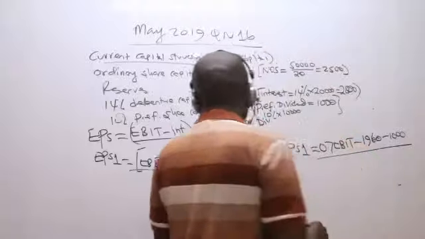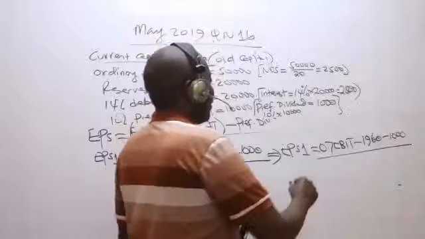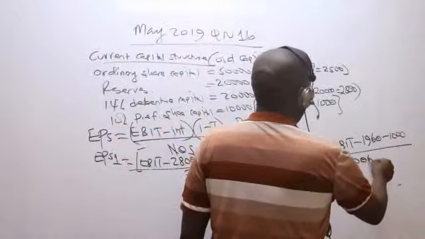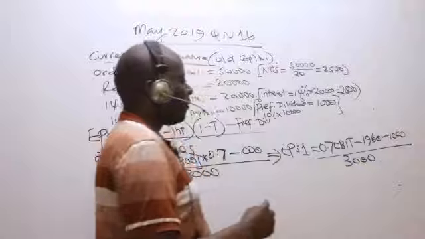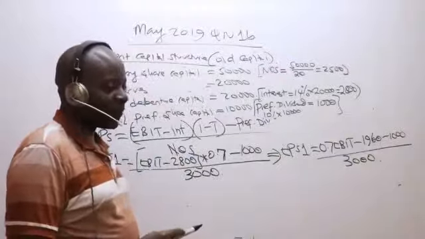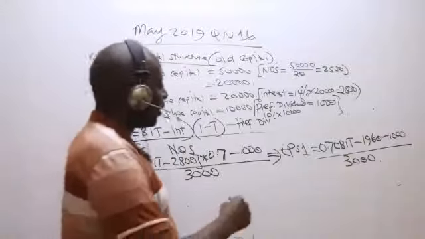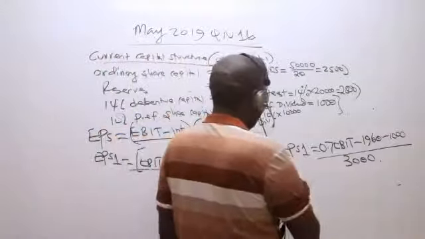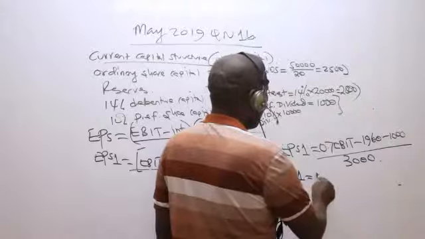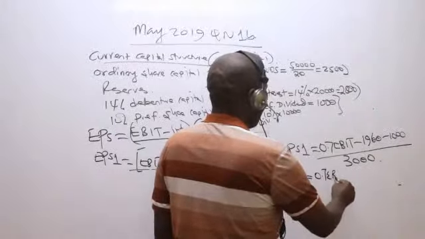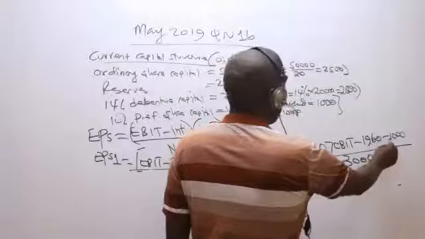Divide this by 3,000. So at the end of the day, EPS1 would be equal to 0.7 EBIT minus this minus this.